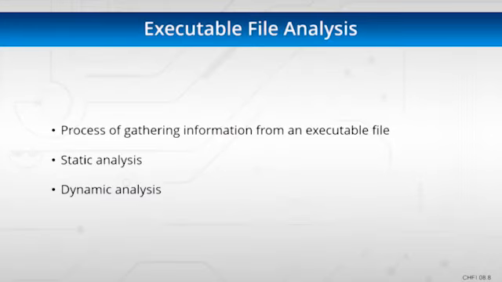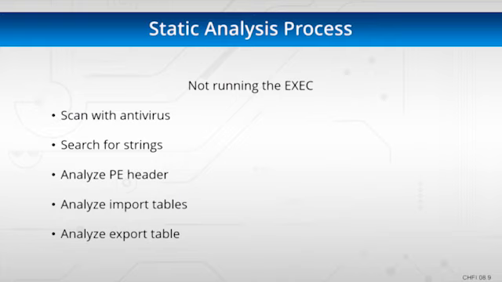So here's what we do. In executable file analysis, we gather all the information and process it. We can do it static or dynamic. In static analysis, we say, okay, this is not a running executable. And the process is relatively simple because we scan it and we get external data on it and say this particular executable is this length.